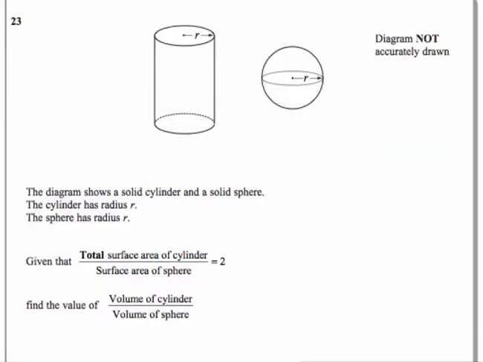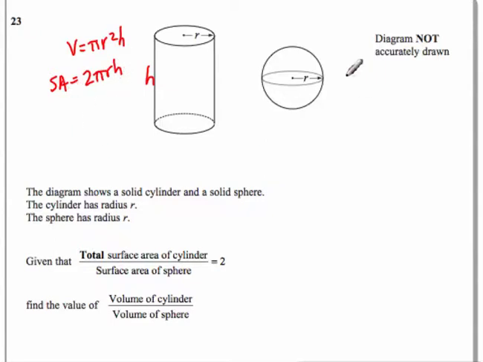Okay, let's get these written down. For the cylinder, the volume is pi r squared h, where h is the height, and the surface area is 2 pi rh.